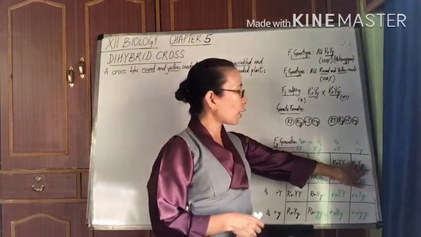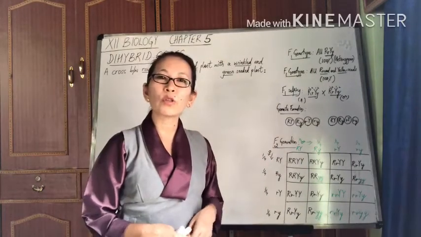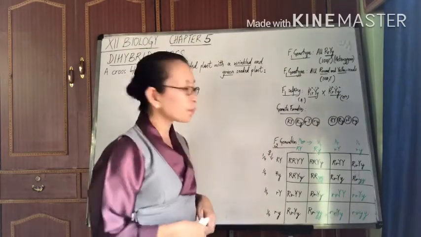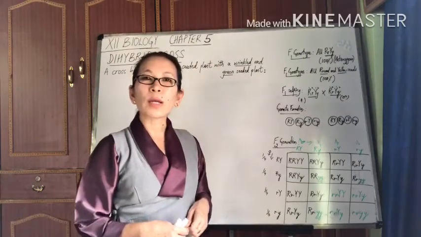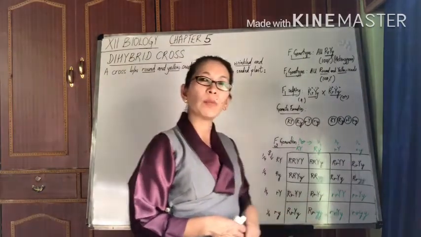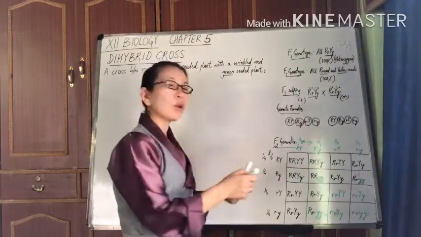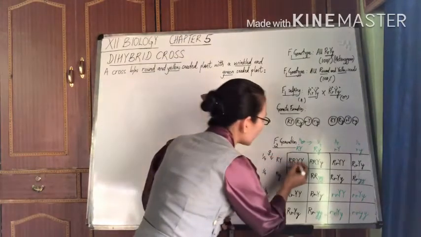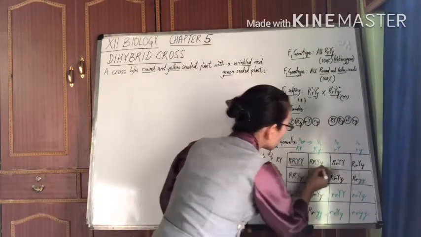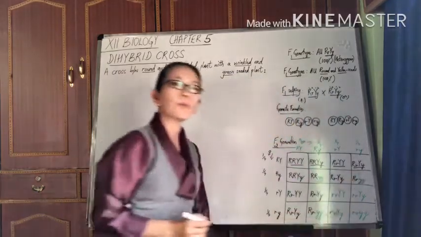Capital R, small r, capital Y, small y. Since they are heterozygous and have one of the dominant factors for each of the traits, they are going to become round and yellow, right? So let's have all of the round and yellow. I'm going to be underlining all of the round yellow. This is also round yellow, round yellow, round yellow, round yellow, right?